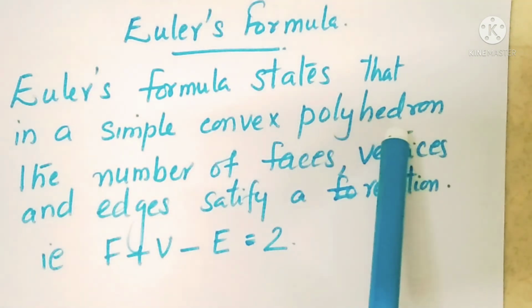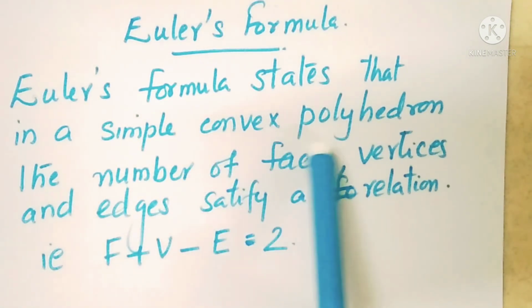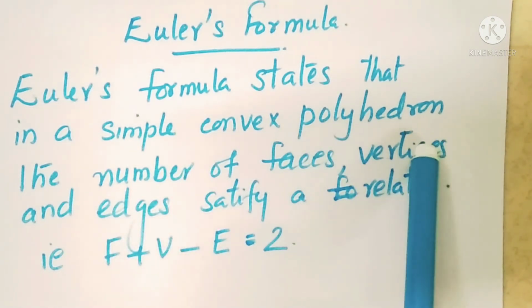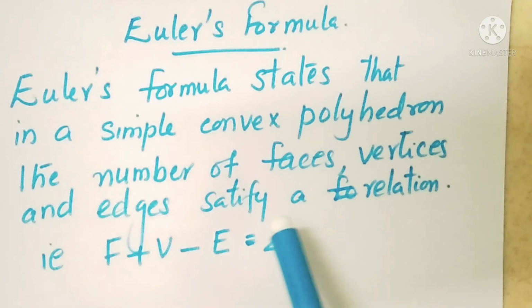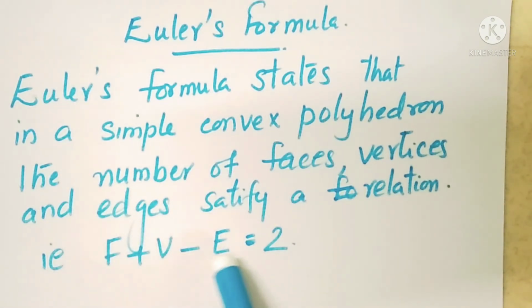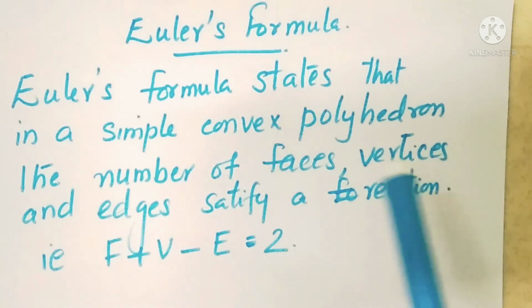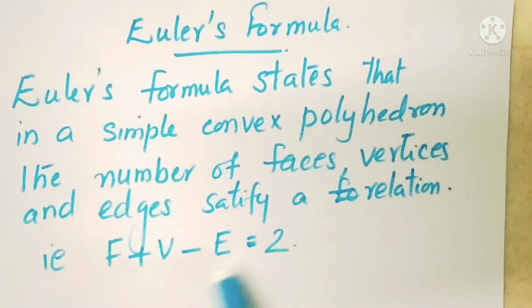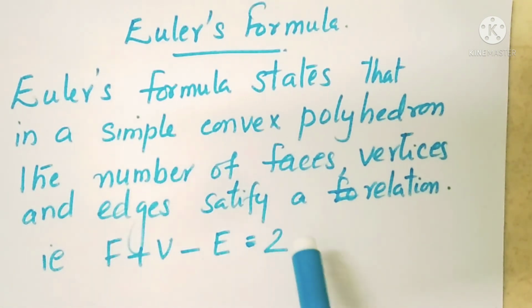Euler's formula states that in a simple convex polyhedron, the number of faces, vertices and edges satisfy the relation F plus V minus E is equal to 2. This formula will help you to find any missing term from these 3 if we know the other 2.